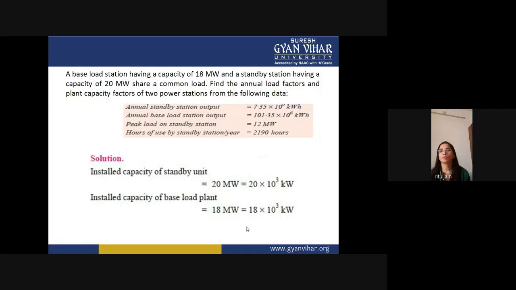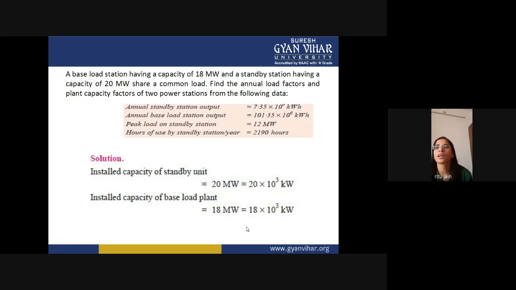Now next we come to the next numerical. The question is: a base load station having a capacity of 18 megawatt. Base load station means that the load decided for this station must be supplied continuously. And a standby station having a capacity of 20 megawatt share a common load. Find the annual load factors and plant capacity factors of the two power stations from the following data.